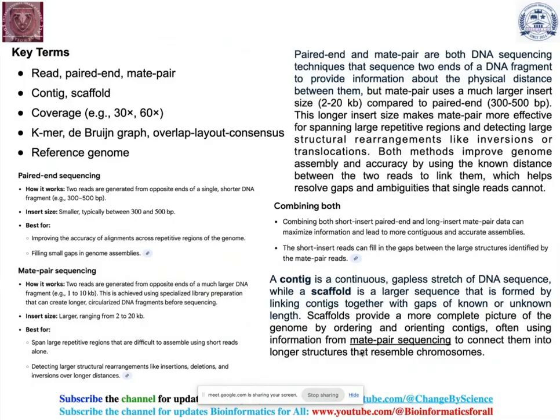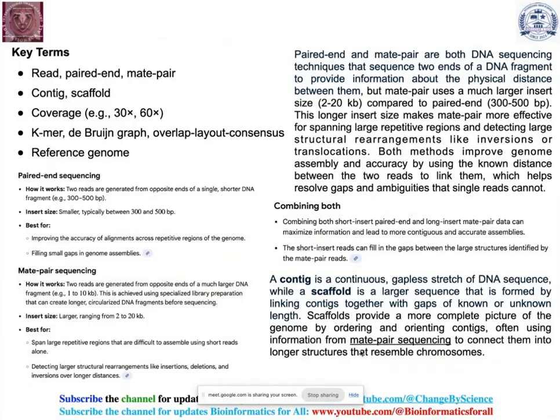This longer insert size makes mate pair more effective for spanning large repetitive regions and detecting large structural rearrangements like inversions or translocations. Both methods could improve genome assembly and accuracy by using the known distance between the two reads to link them, which helps to resolve the gaps and ambiguities that single reads cannot.